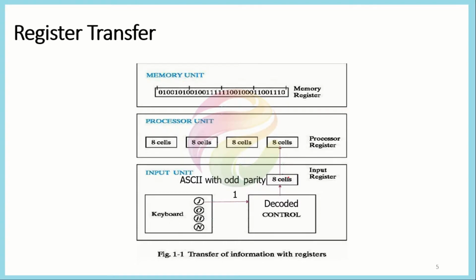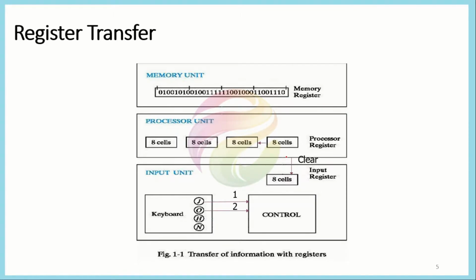Characters are mostly represented with a certain parity: 7 bits for the ASCII and 1 bit for the parity. These are combined in the form of an 8-bit register, and from that 8-bit register the data is transferred to the processor unit.